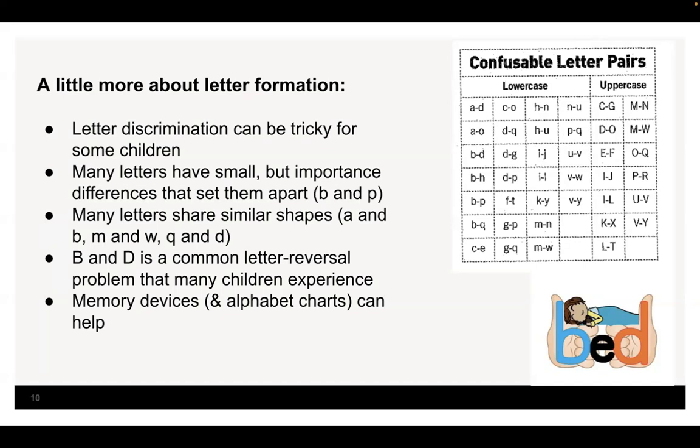There are lots of helpful devices, such as the visual in the bottom right corner of your screen. B's and D's are a very, very common mistake for students. They reverse them because they are so similar. And so teaching them different tricks or perhaps providing a visual aid at their table or on their desk to help them with those easily confused letters.